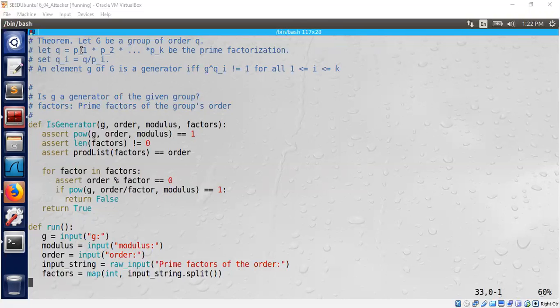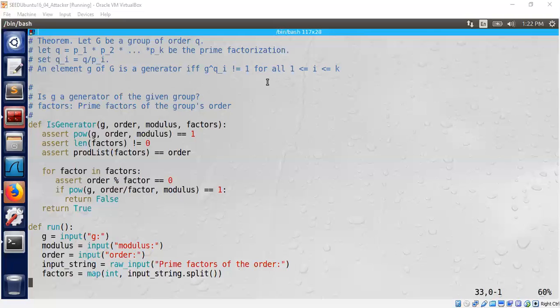And what is the theorem saying? The theorem is saying this: an element g is a generator if and only if g to the power qi is not equal to 1 for all i from 1 to k. Meaning if you take your g and raise it to the power qi, and you don't get 1 for any of your factors, then you know for sure your element g is a generator.